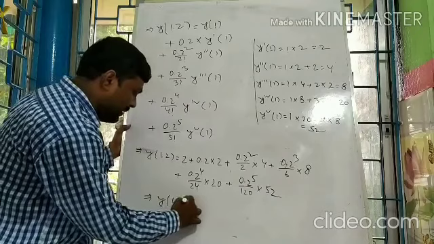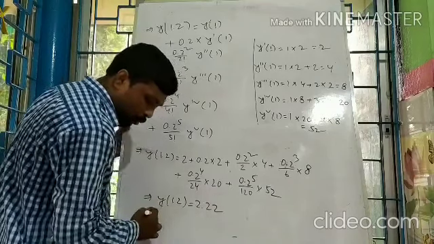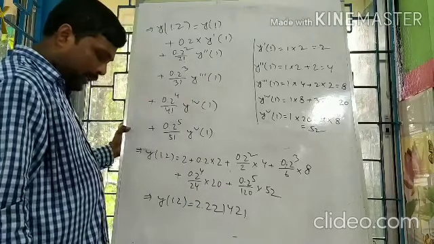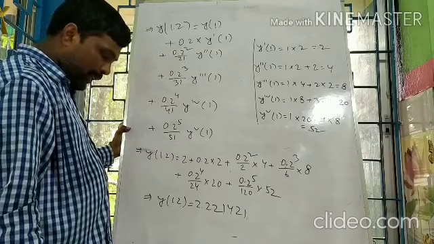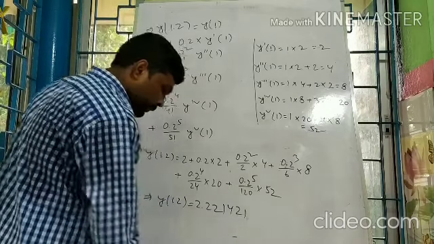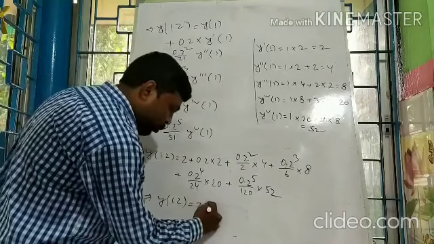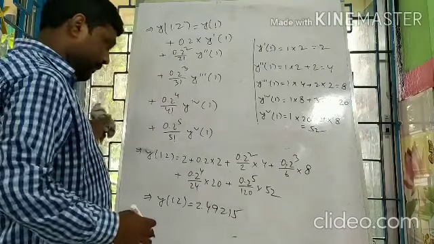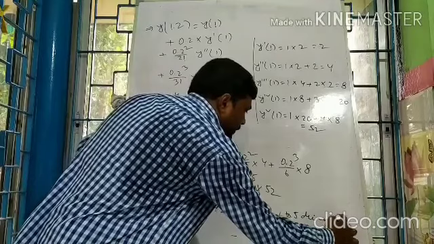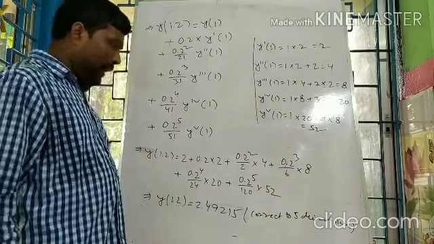So y of 1.2 is 2.49215, correct to 5 decimal places.